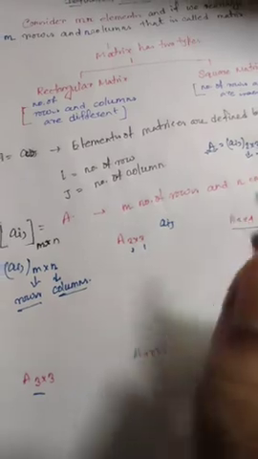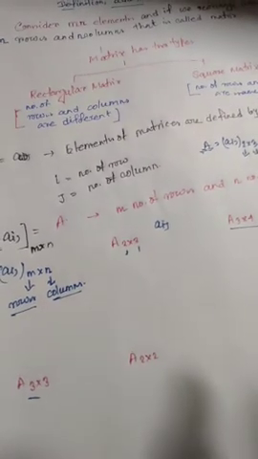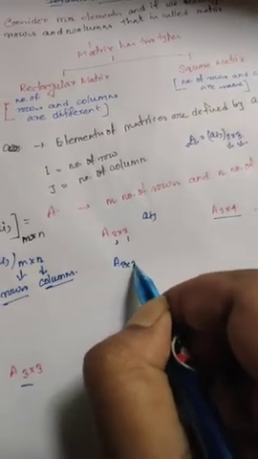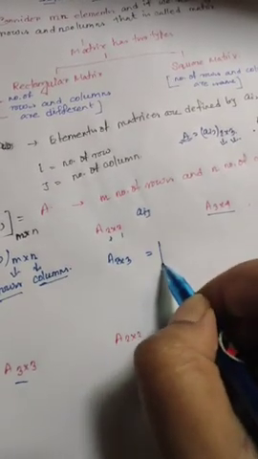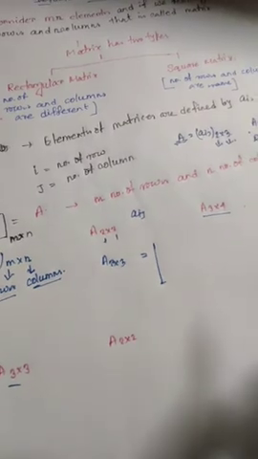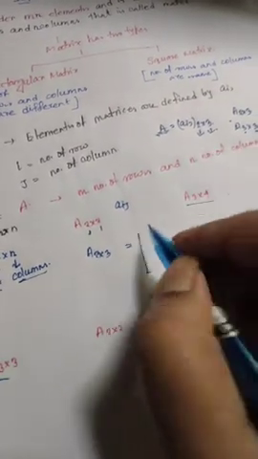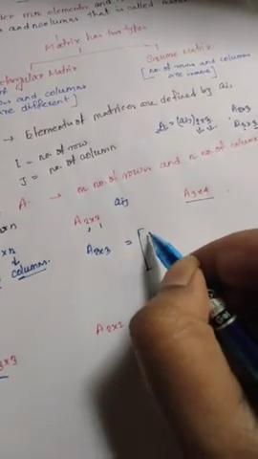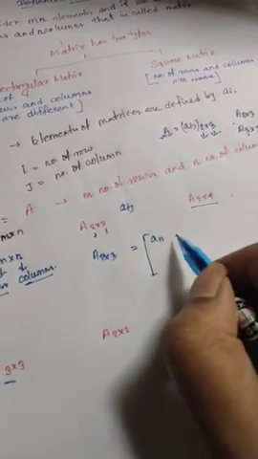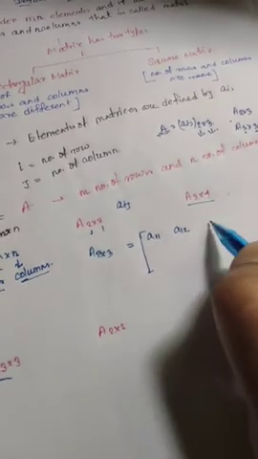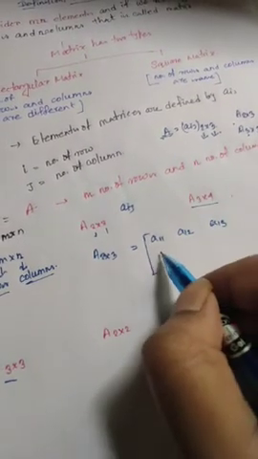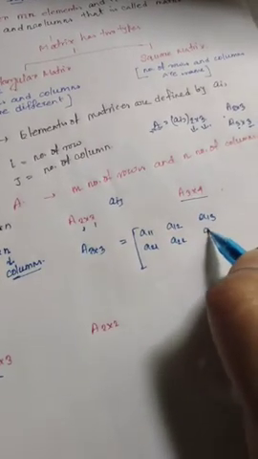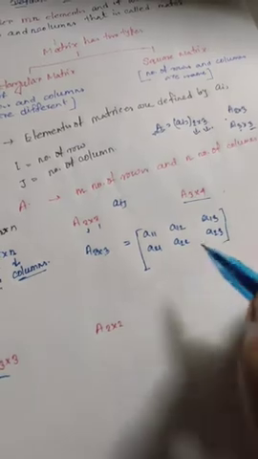Now I will show you how we can write the elements of the matrix. The matrix A 2 cross 3 contains 2 rows and 3 columns. The elements of the matrix are a11, a12, a13, a21, a22, a23.